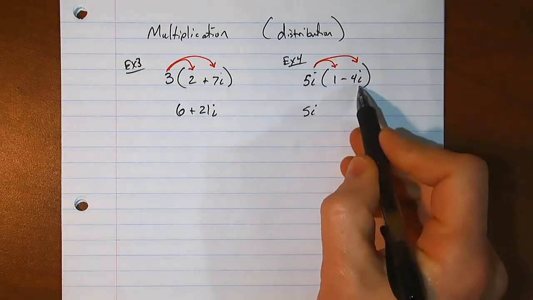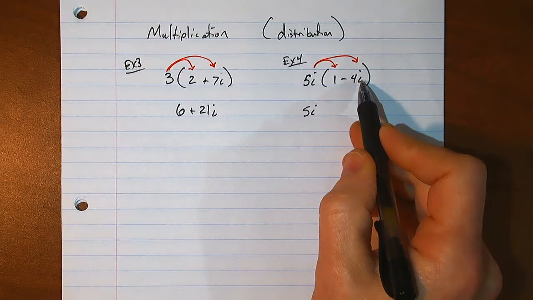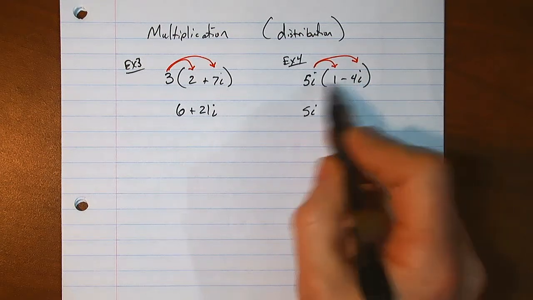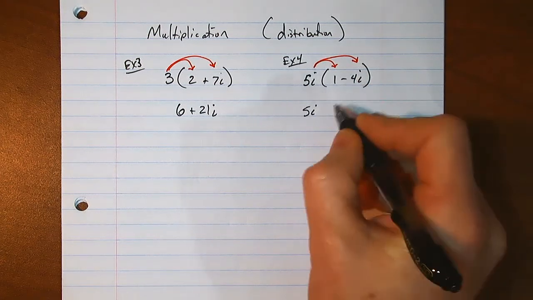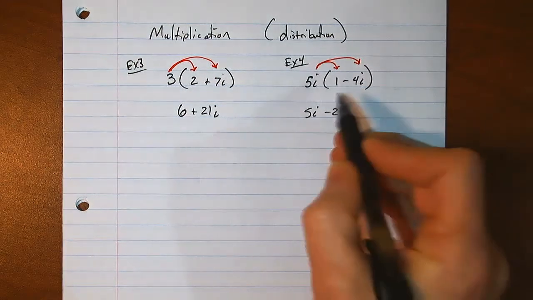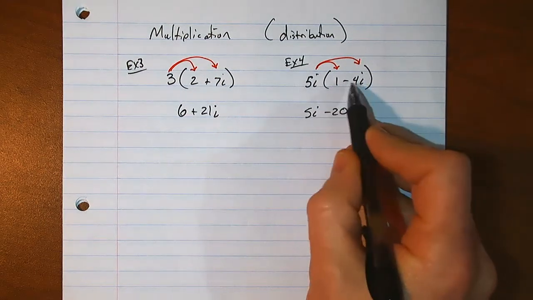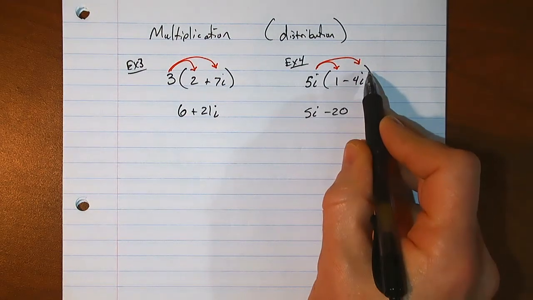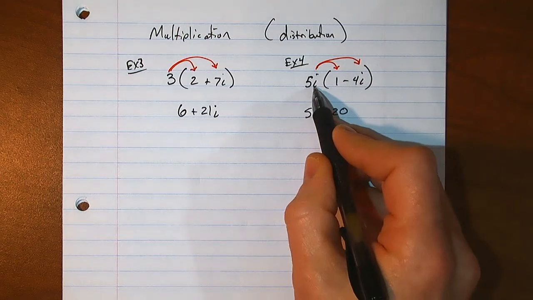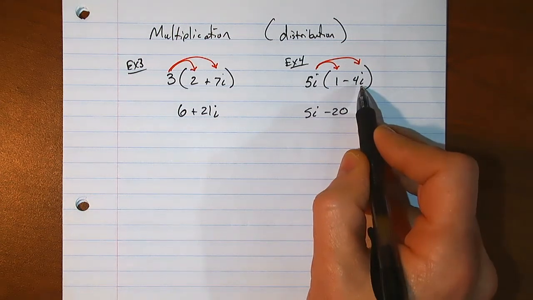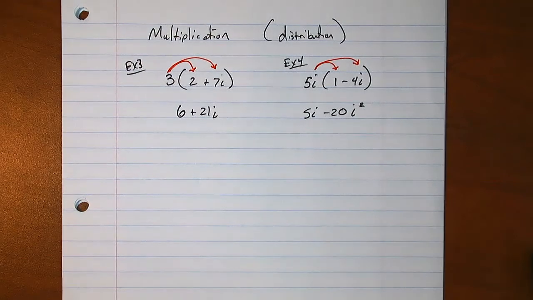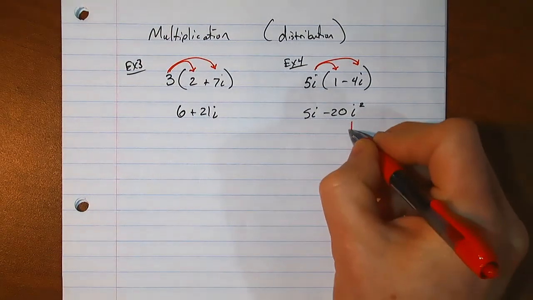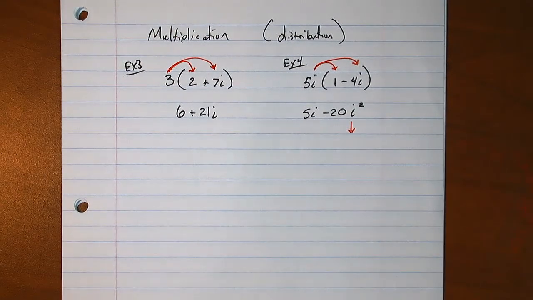5i times -4i, this is what we did in our last video. First, I'm going to multiply the number pieces. So 5 times -4, that's going to give me a -20. And then when I multiply the variable parts, I'm going to combine their exponents. So i to the first power times i to the first power becomes i to the second power. Now, this is where we said, okay, i squareds, we're not allowed to leave those with exponents.